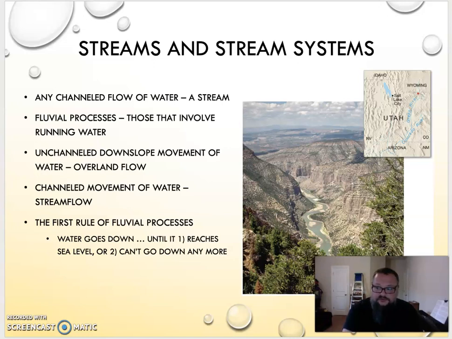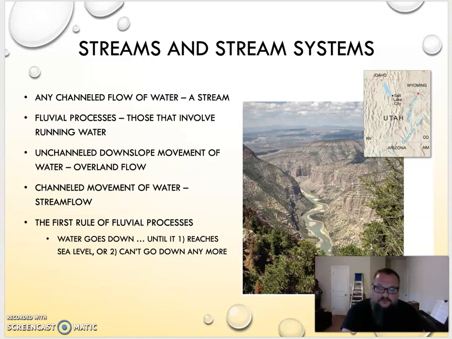And there are two general types of fluvial processes that we'll talk about in this chapter. One happens as water moves across land, not in a stream. You can imagine raindrops falling on the surface of a hill slope and just running down the hill before they reach a stream down at the bottom of the hill.